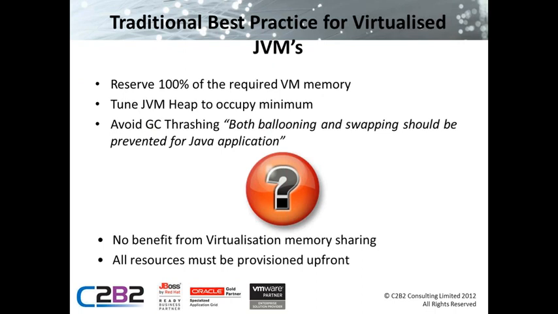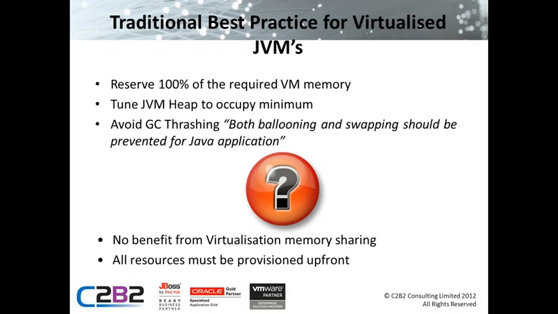Then you would tend to tune the JVM heap to occupy the minimum you can, so that you avoid GC thrashing. You'd want none of the JVM heap to be swapped to disk, and also none of the JVM heap to be stolen during ballooning by the vSphere host.